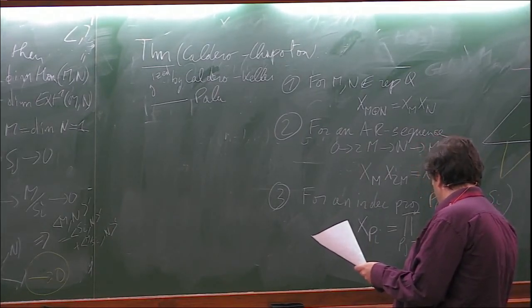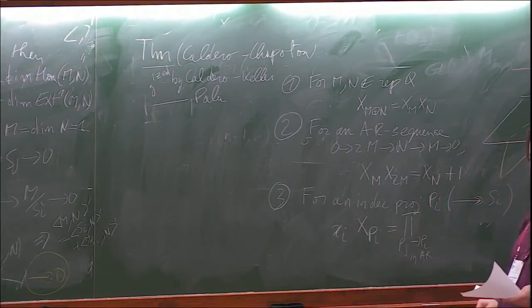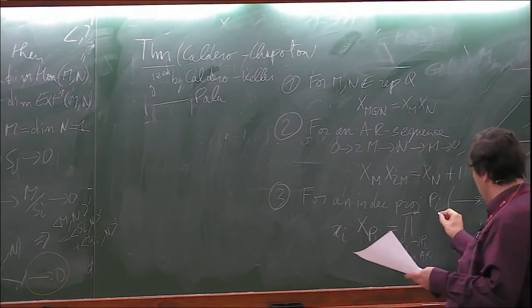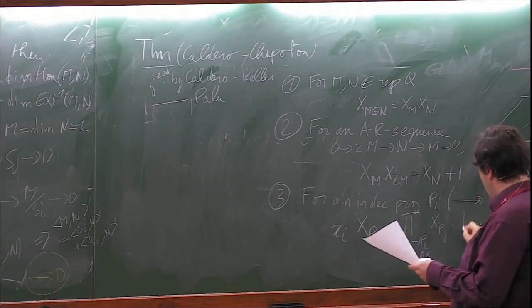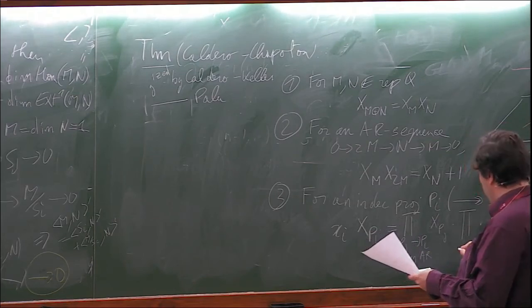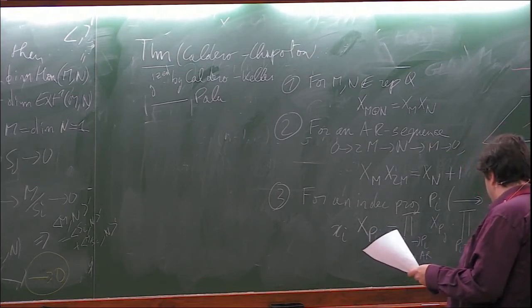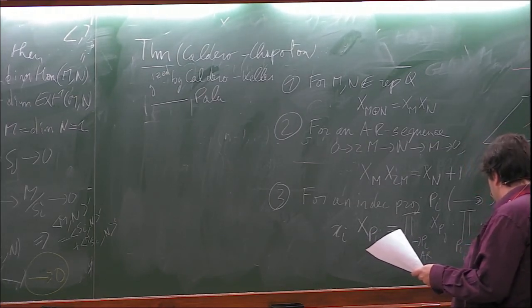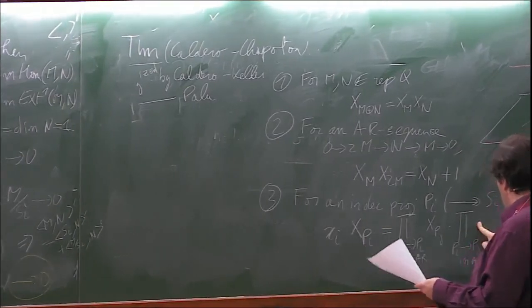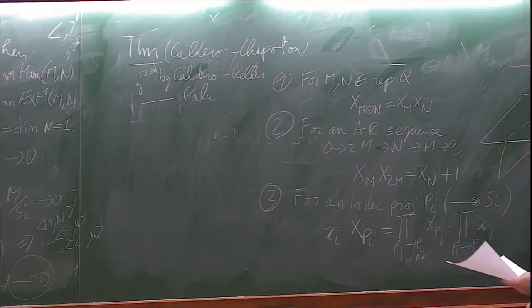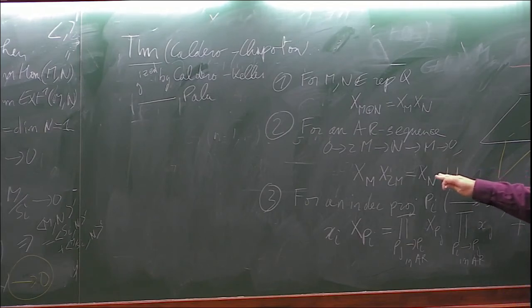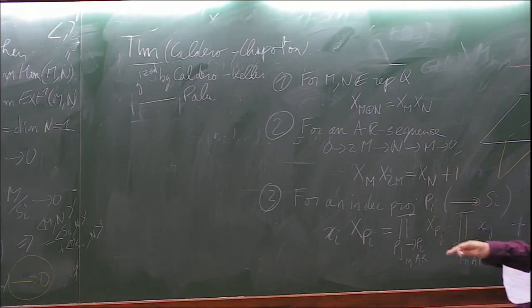So you take all projectives which have an arrow to the projective Pi in AR, and you take x_Pj, multiplied by the product for all arrows of the form Pi to Pj in AR. But here you don't put x_Pj, you put xj only. Plus 1. So it looks very much like this one, except that this term is a bit messy. Okay? So you have that.